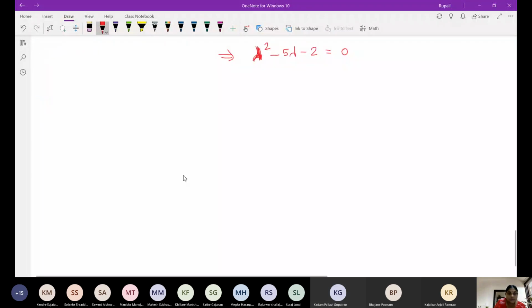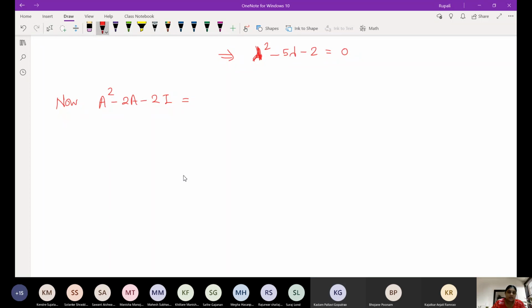Now we want to verify, means find A square minus 5A minus 2 times I. If it is equal to 0, then we can say that Cayley-Hamilton theorem is verified. So what is A square? Find out A square and all.